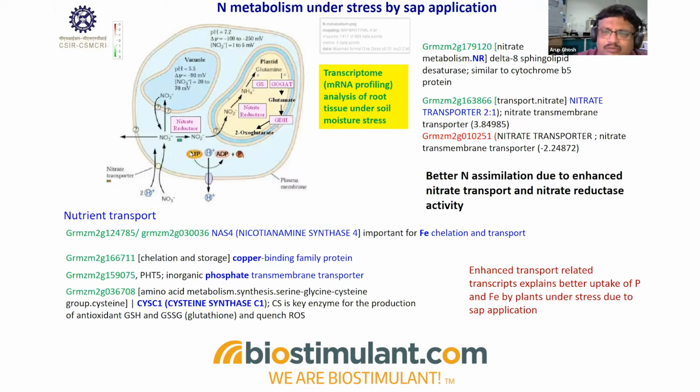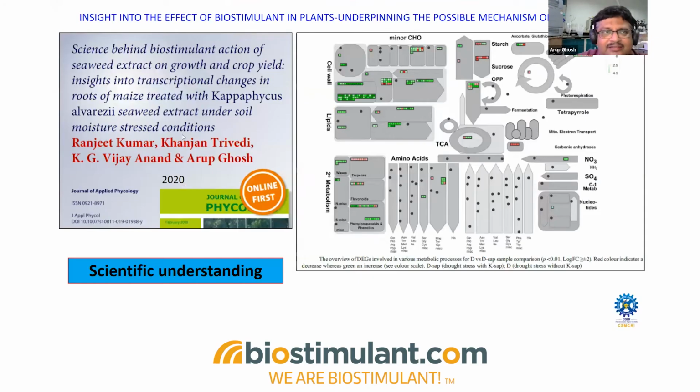So similarly, we analyzed several other biochemical pathways, and we published also. This has been published in the Journal of Applied Phycology in 2020, wherein several different physiological processes like cell wall, lipids, secondary metabolism, amino acids, starch degradation, sucrose pathways, nitrogen cycle, were positively influenced.